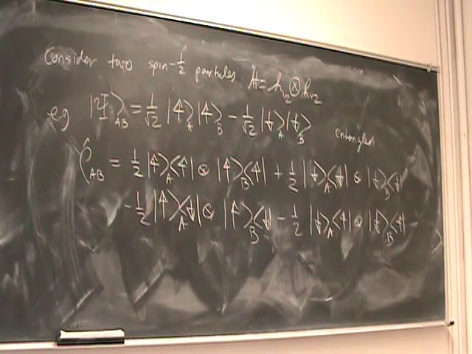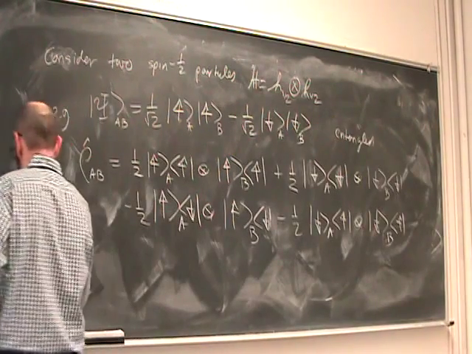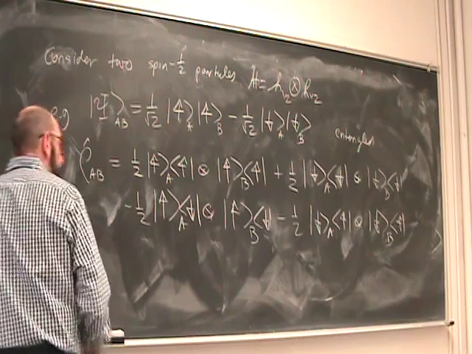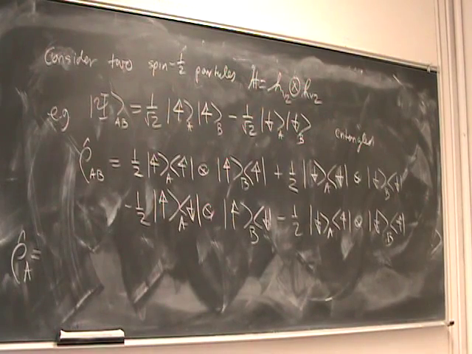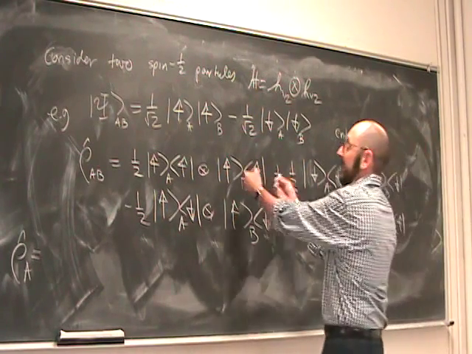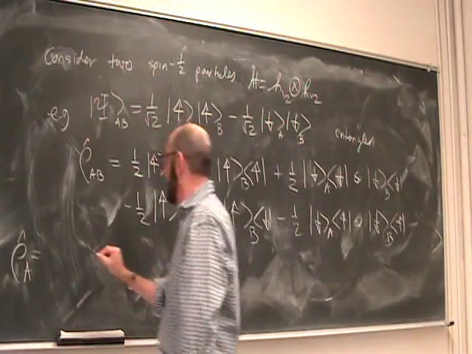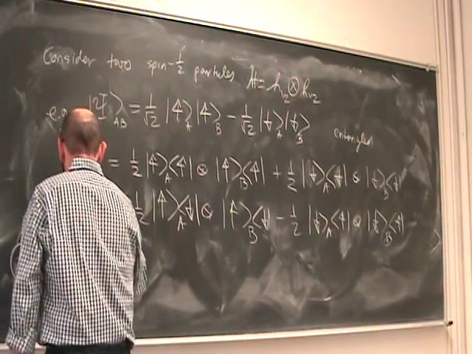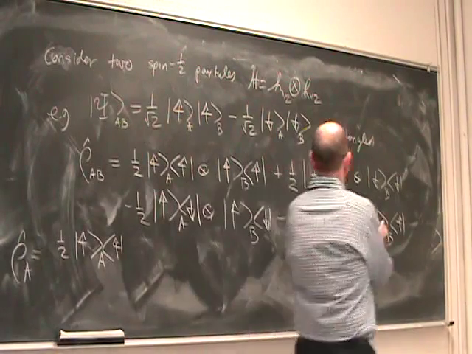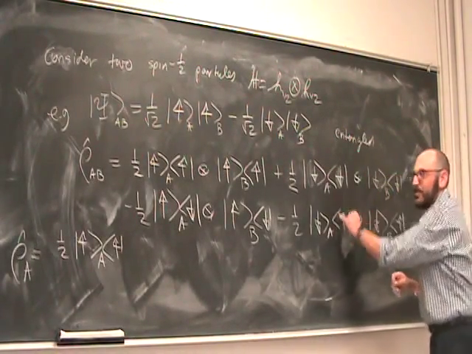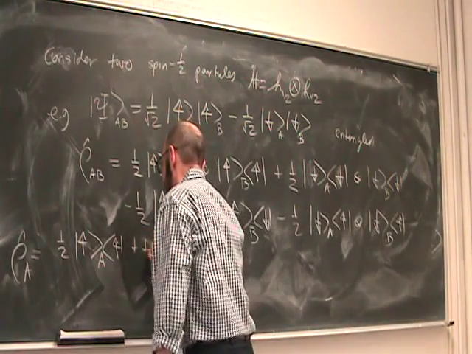So what is the marginal state for A? I trace out B. That gives me a half up, plus a half down.